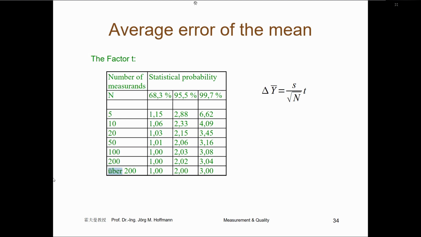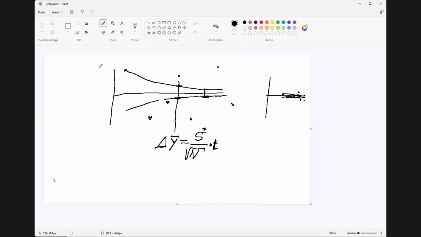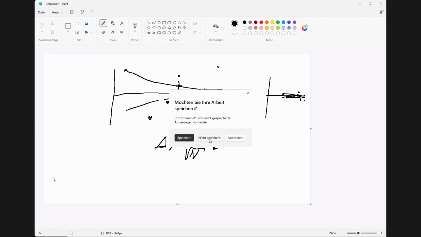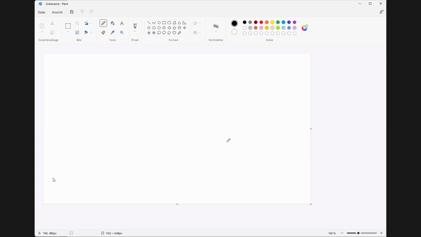Important is this every time I go back. When you compare two experiments, for example, let me say a German group has done an experiment with 100 measurement values.